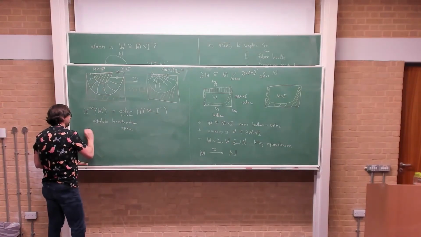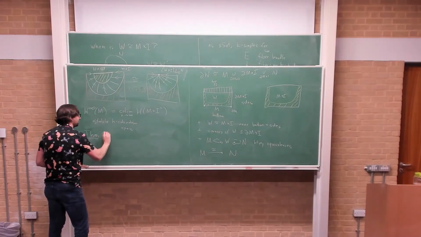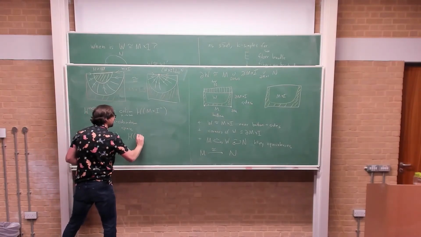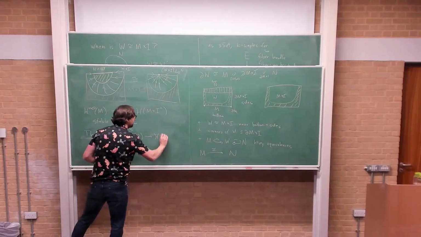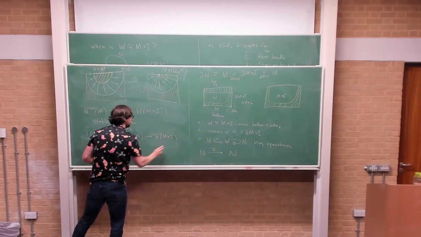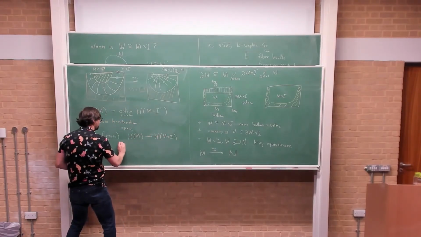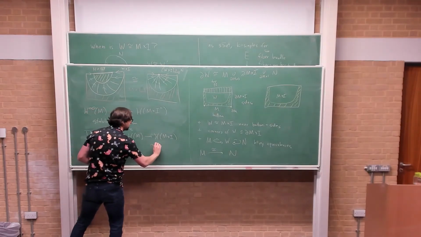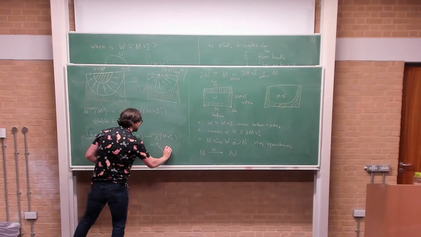It's a theorem of Igusa that this stabilization map, when I multiply by one interval, if the dimension of the manifold is n, is about n over 3 connected.